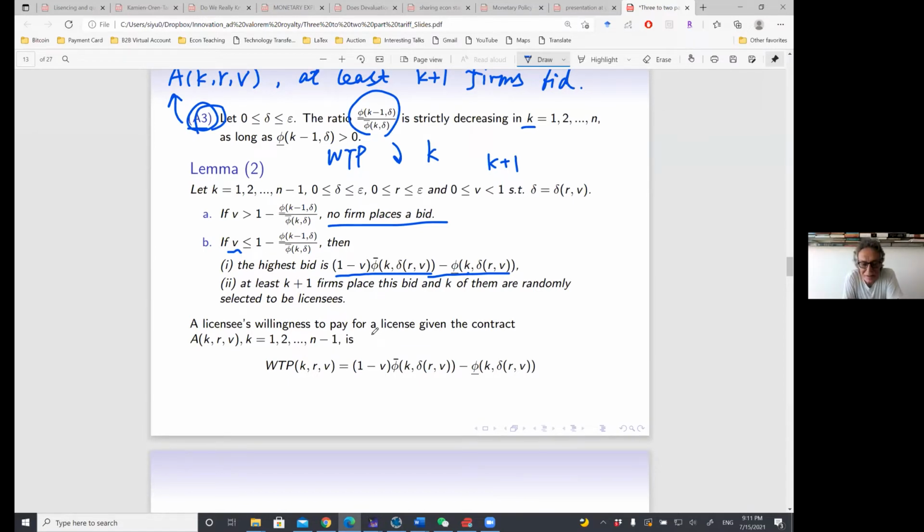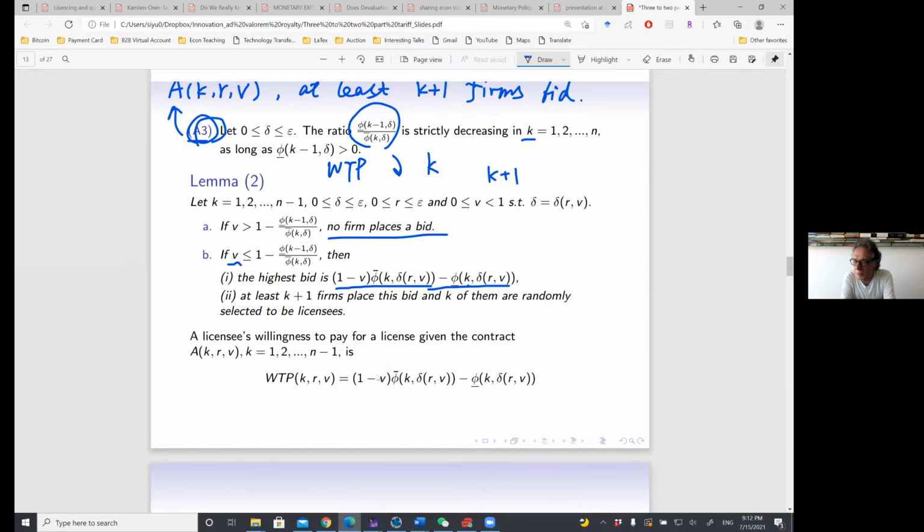I have to make a general remark for this audience. You cannot talk about equilibrium if the game is not defined. Your game is not defined, okay? Because you insist on talking about the contract and how you choose the licensees, and that is part of the definition of the game. So the game is not defined, and therefore the equilibrium is not defined.